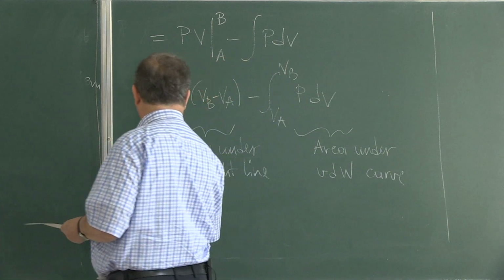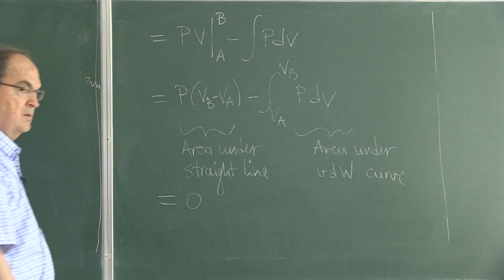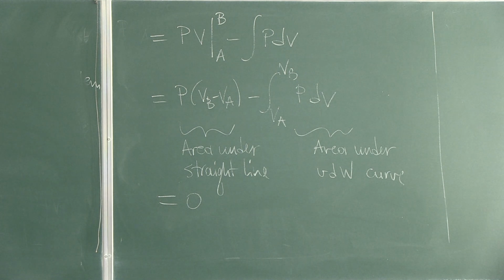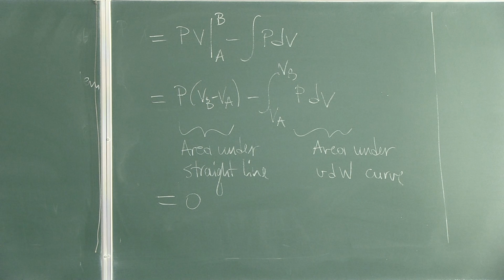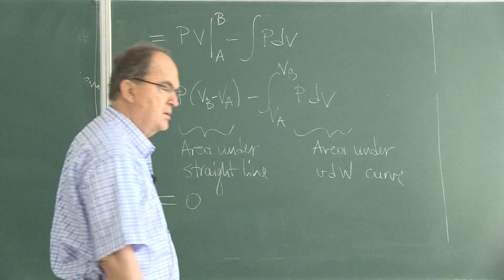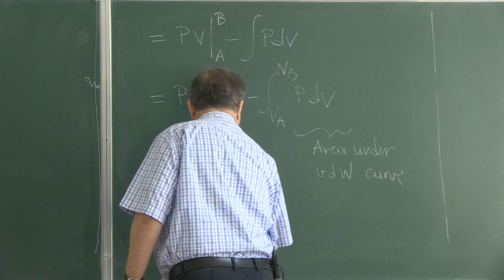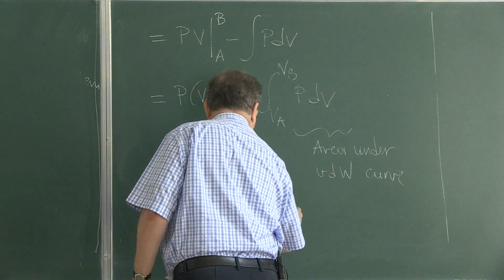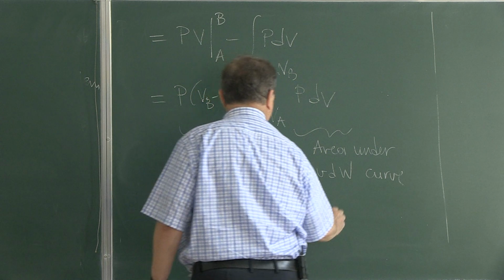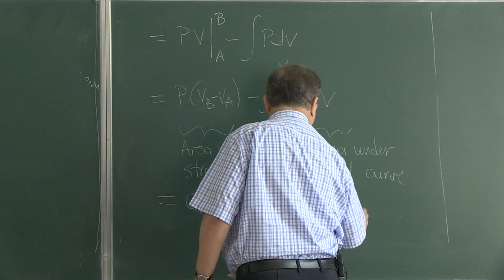If you put that equal to 0, what are you doing? You are equating the chemical potentials. So you are back into Maxwell's construction, isn't it?